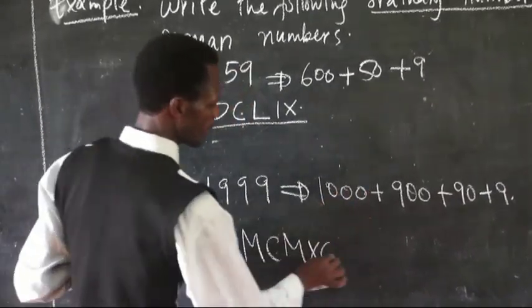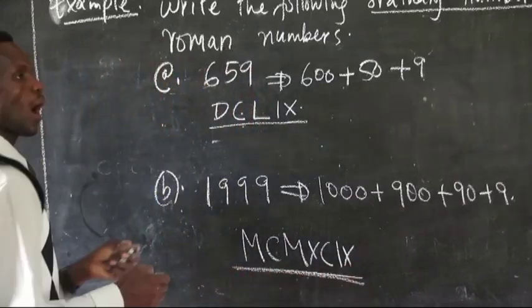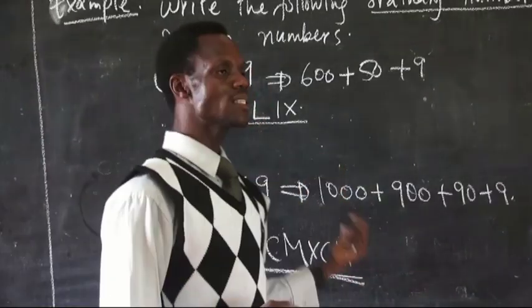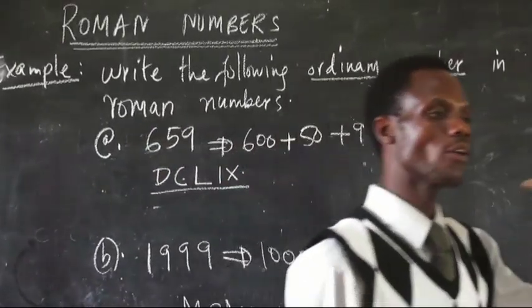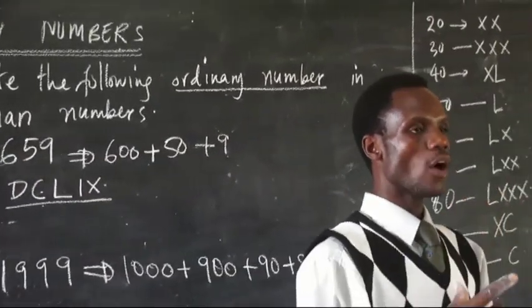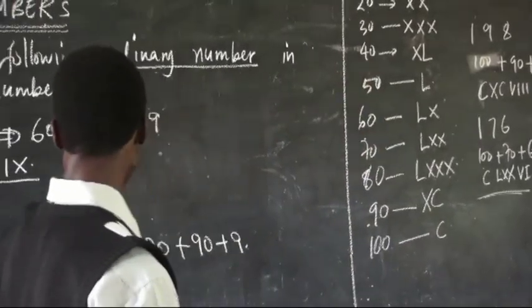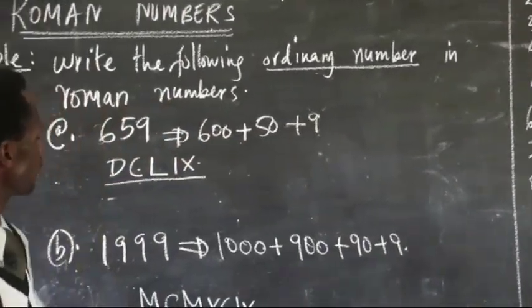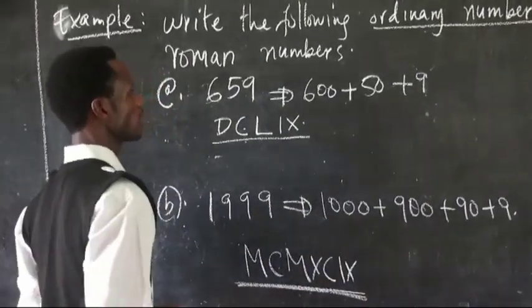And 9 is IX. So this is how we write the number. You have to remember that we write the number according to the way we read them, the way we sound them, the way we pronounce them. The way you pronounce it is how you write Roman numerals. So this is how we do it.